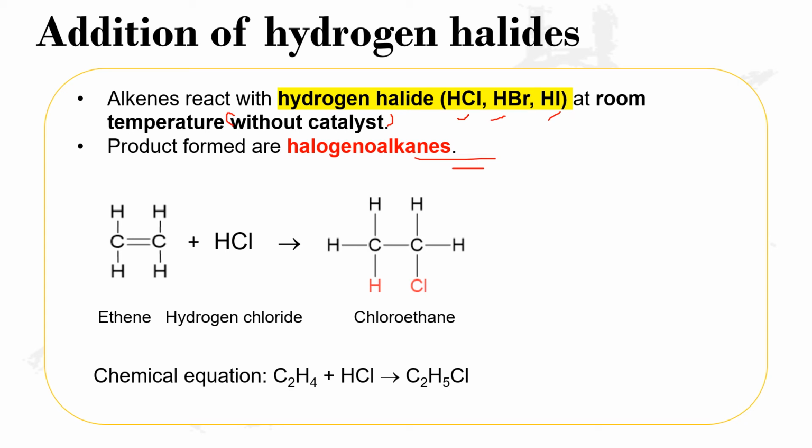Let's say the ethene, this double bond will break, and then the hydrogen atom will link to one carbon, and the Cl will link to another carbon. So you will have this structure, and this structure will be named chloroethane. This is the chemical equation: C2H4 plus HCl, you get C2H5Cl.